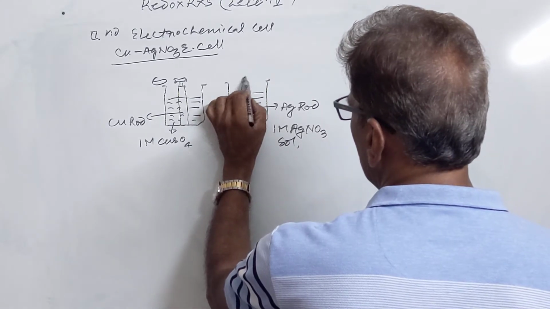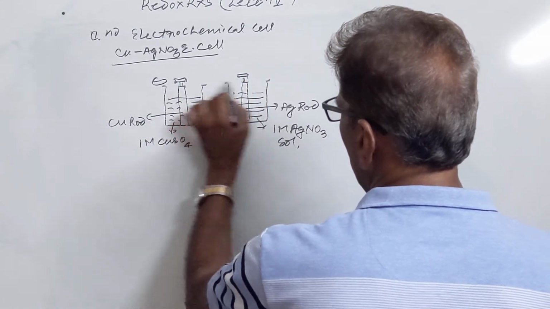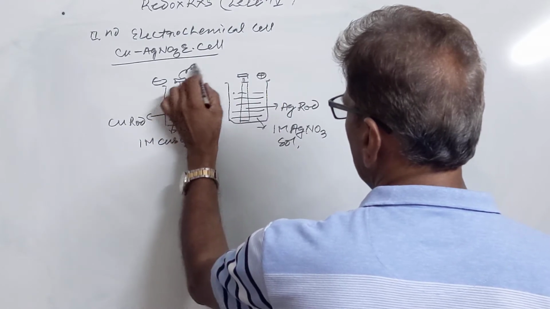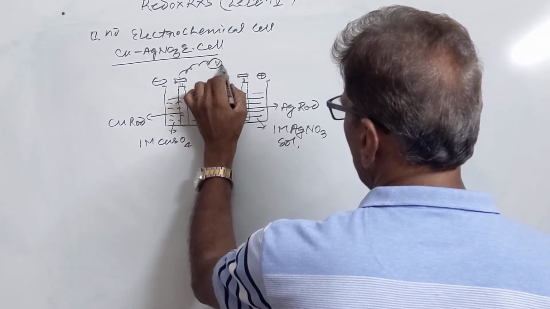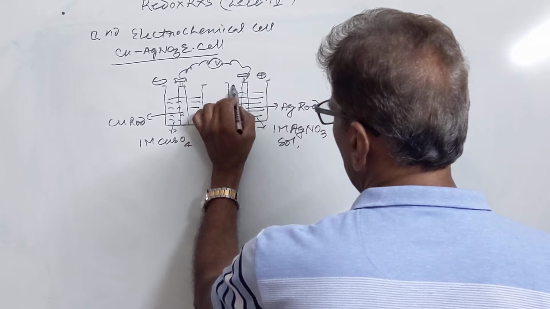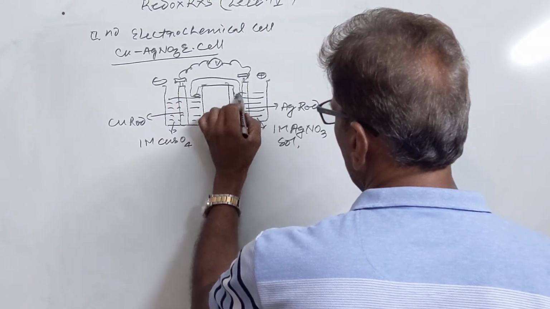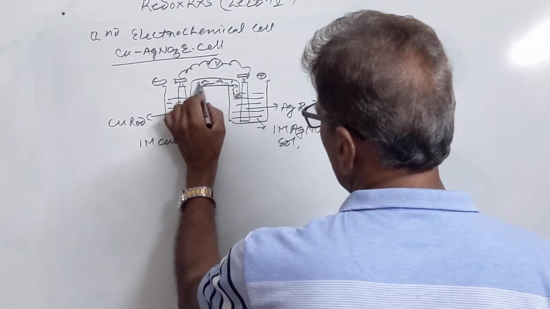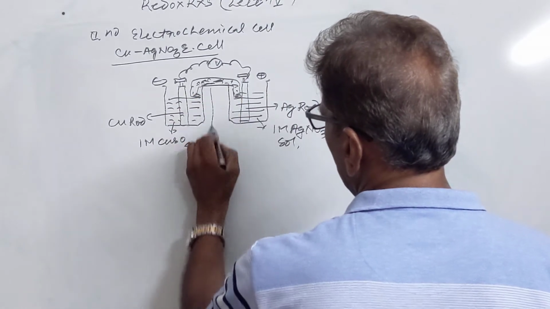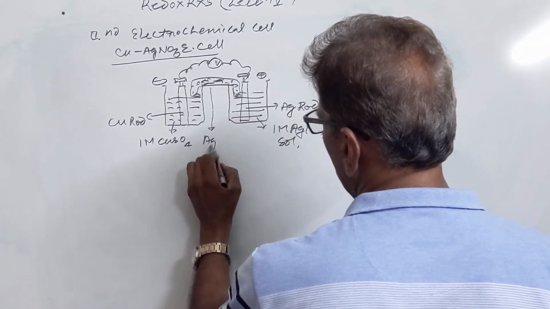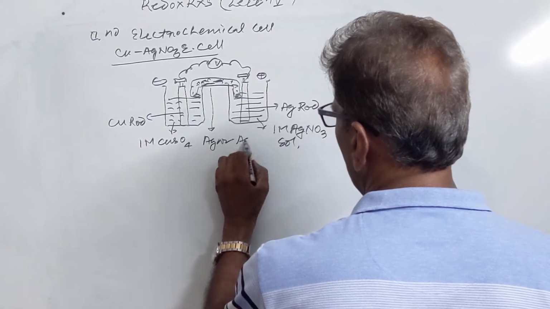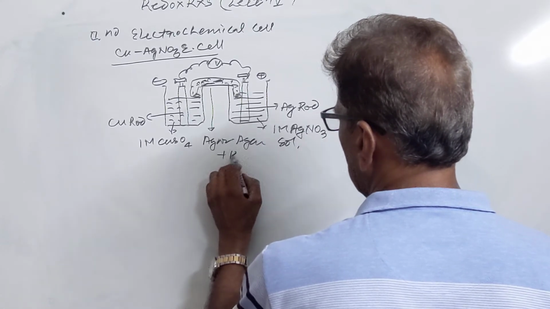The two rods are interconnected through voltmeter by connecting wires, and these half cells are internally joined by means of salt bridge having agar-agar plus CuNO3.